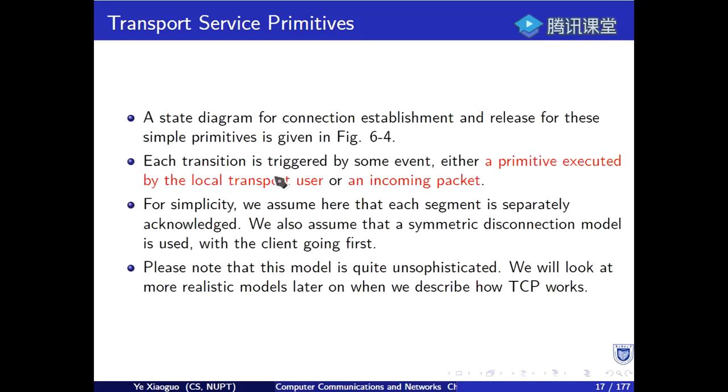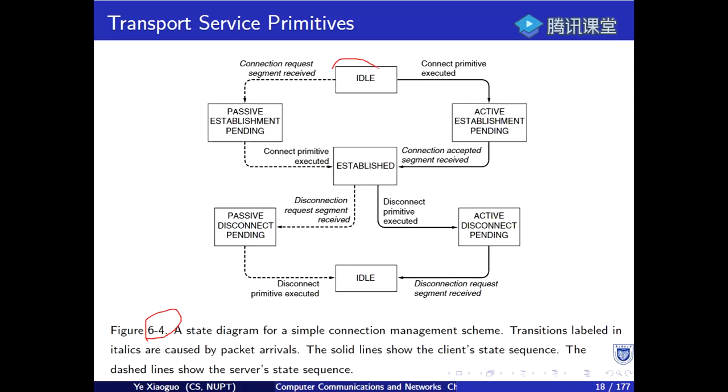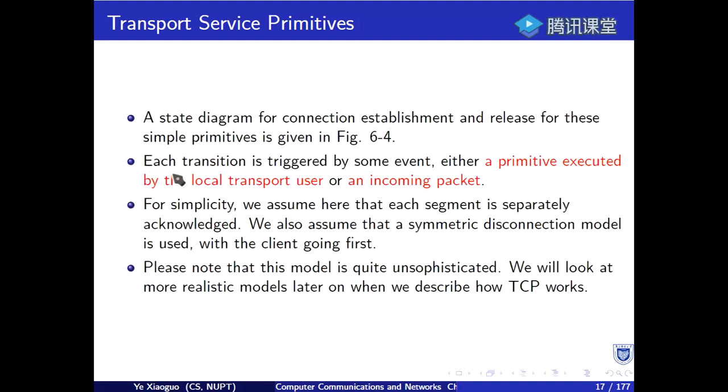For example, this is a state, and the arrow is a transition. Each transition is triggered by some event.